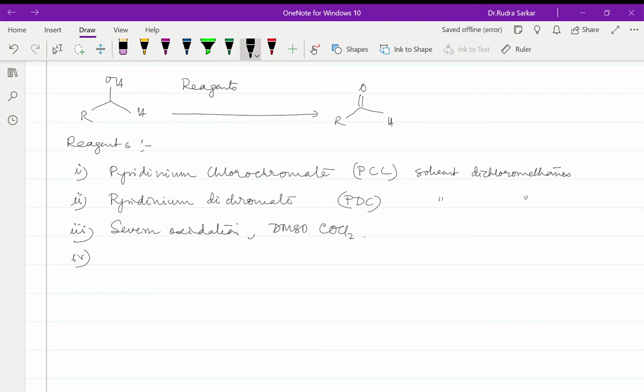We can also use Oppenauer oxidation, which is basically aluminium trialkoxide, and for this one we will use benzoquinone.